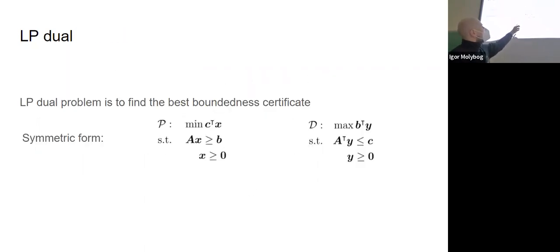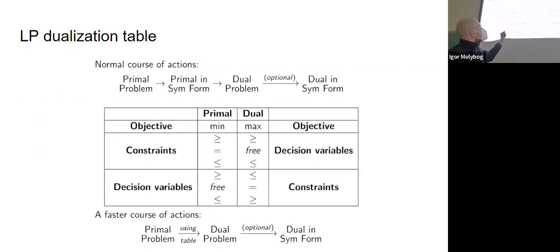If you have a problem that is not in symmetric form, you still can convert it to the dual by utilizing the table here. So if you have a constraint of one of the types, an inequality or equality constraint, you introduce a corresponding decision variable that will have a constraint of its own, or it will be free in the dual problem.